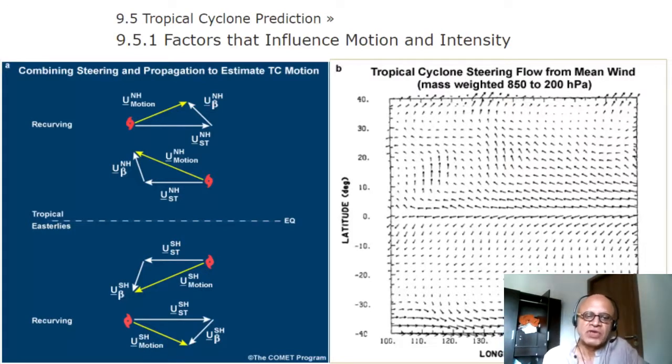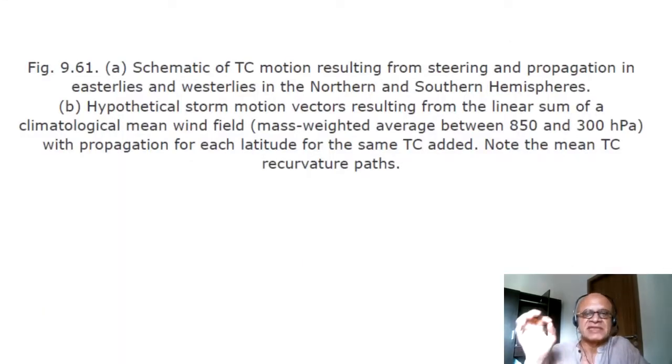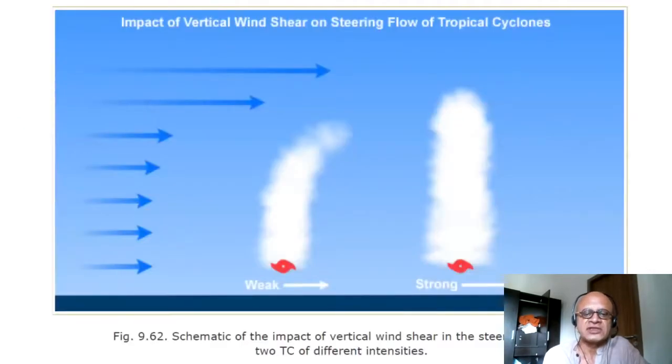But when we come to that, we'll see what we mean. But a real dynamic model obviously has to evolve the environment with the impact of the cyclone on the winds themselves, because it's not a passive tracer being affected by the background winds.